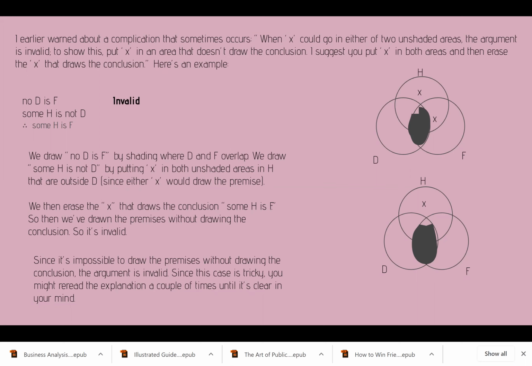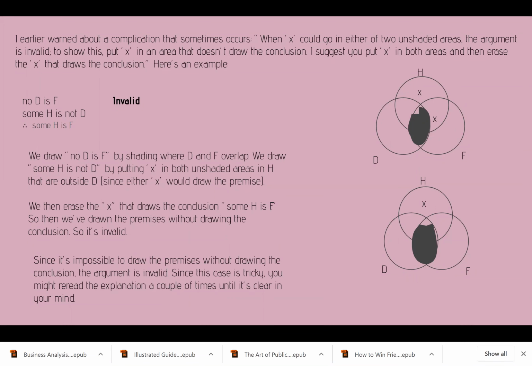So first we draw no D is F by shading where D and F overlap. Then we draw some H is not D by putting X in both unshaded areas in H that are outside D, since either X would draw the premise. So we see that in the Venn diagram on the top.